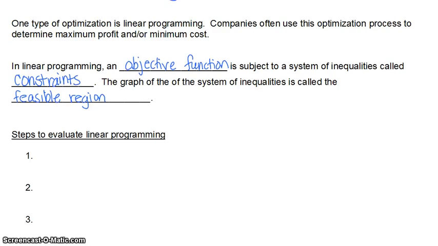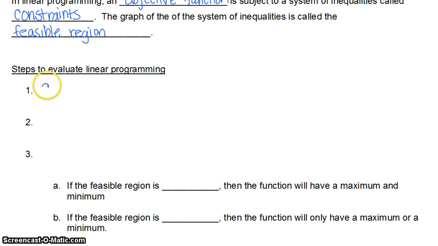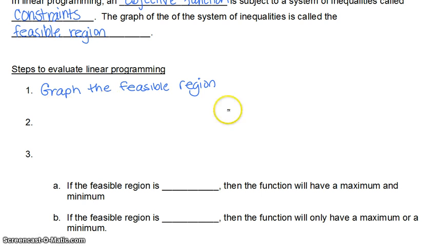Alright, so there are 3 steps to evaluating linear programming. Step 1 is to graph the feasible region. And as I said before, the feasible region is simply graphing a system of inequalities with shading their common ground. After you've graphed the feasible region, you are going to plot the coordinates of that region.